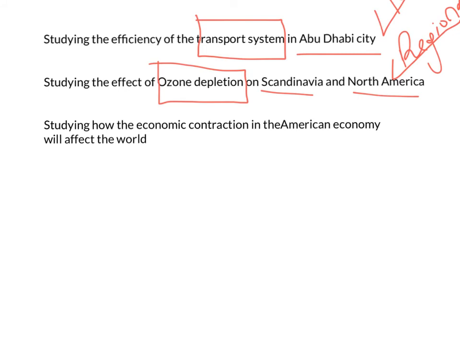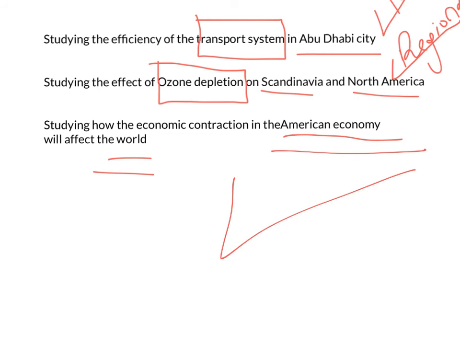The third case, studying how the economic contraction in the American economy will affect the given world. So look here, in this case, because we are studying how the American economy will affect the world, we will consider that this study will be done at a global level.